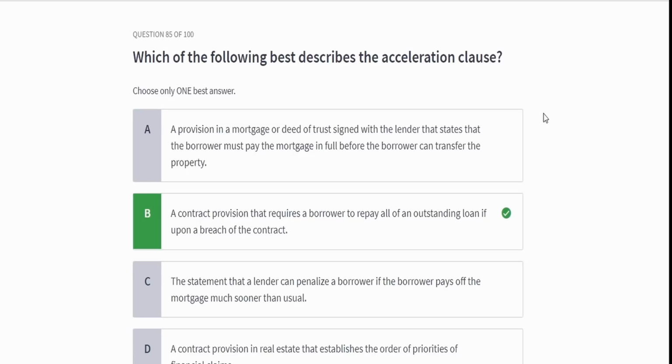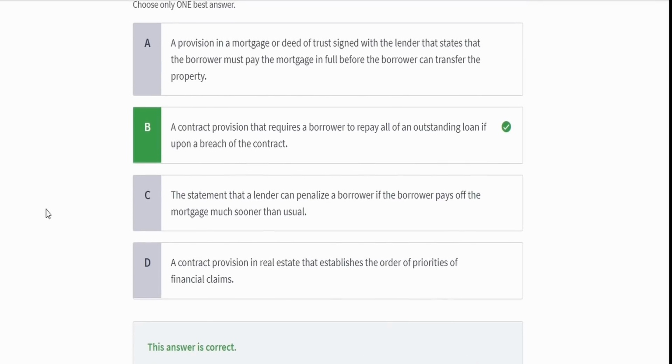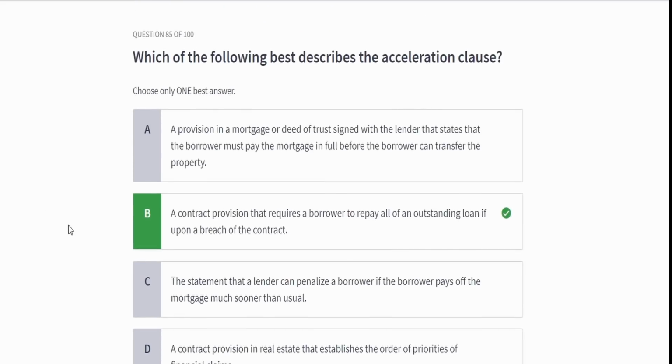So again, this one's more asking about what best describes the clause, and that is what it gave. A contract provision that requires a borrower to repay all of an outstanding loan if upon breach of contract. And just to give you a quick example of what that might look like, let's say part of the contract is that you have to pay the taxes.